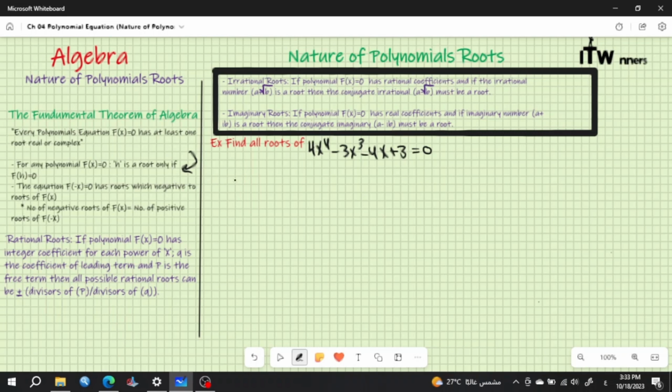Here we have p equal to 3, q equal to 4.